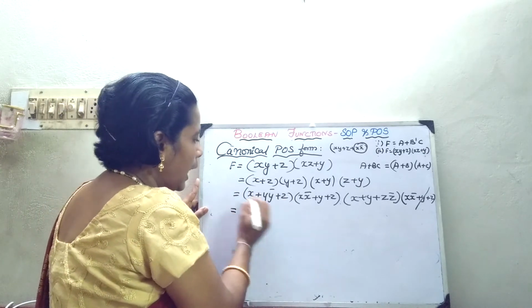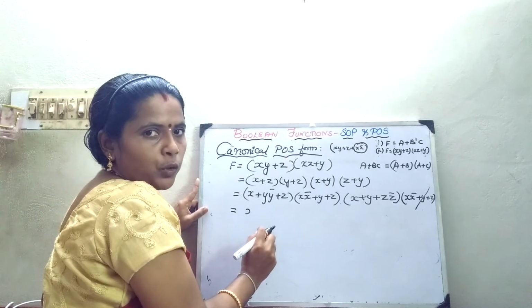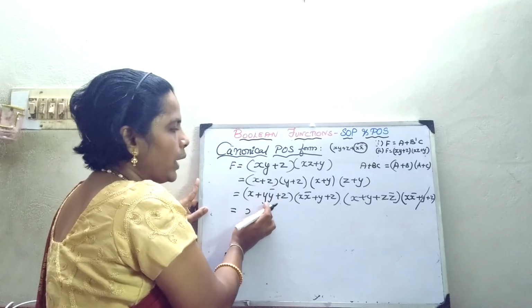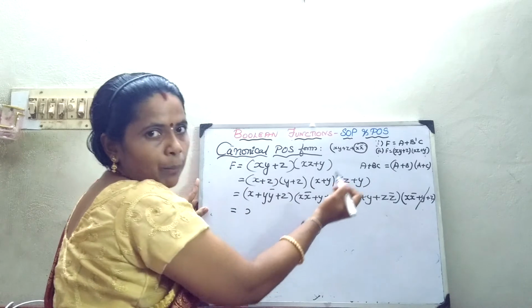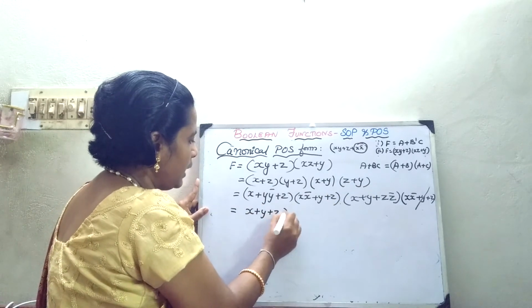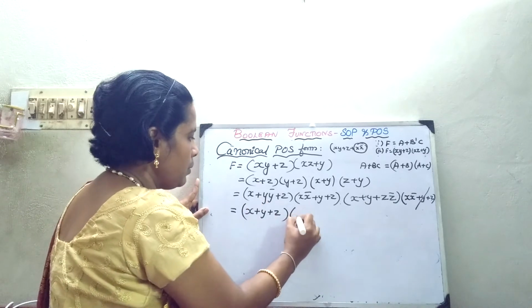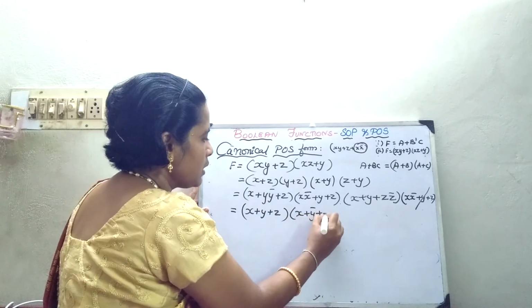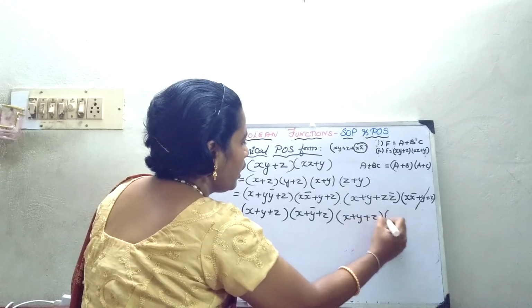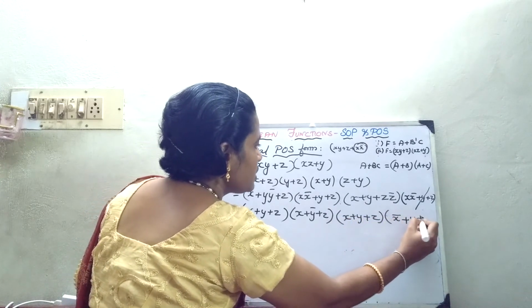Again you implement the distributive law property. You take x plus z as one term, plus y bar, a plus bc, just separate it and write. So it is going to be x plus y plus z. First multiply with this term, then x plus y bar plus z. So similarly here x plus y plus z and x bar plus y plus z.